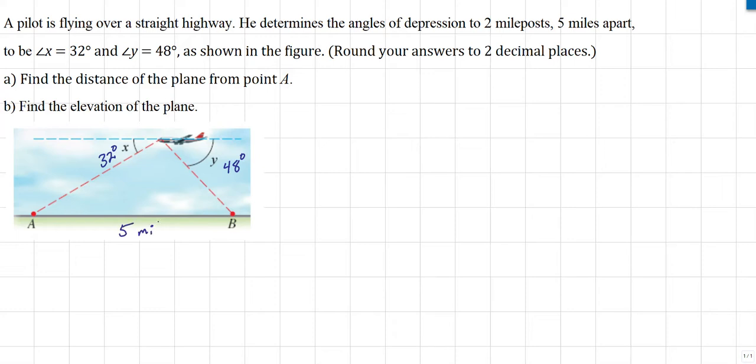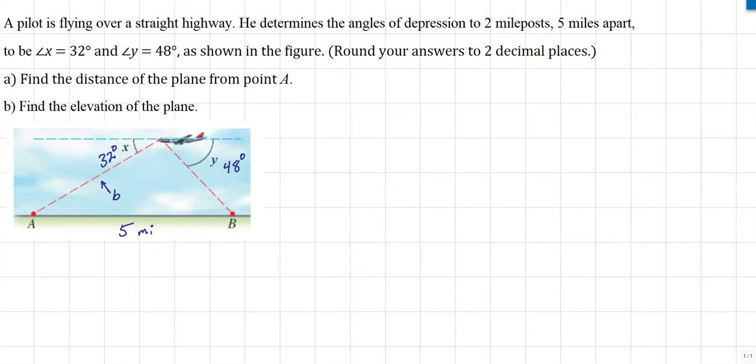And so what we want to do is determine the distance from the plane to point A and then find the elevation of the plane. So let's find this distance, and let's just call this side B.